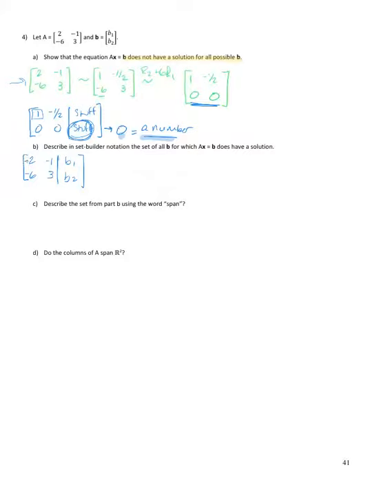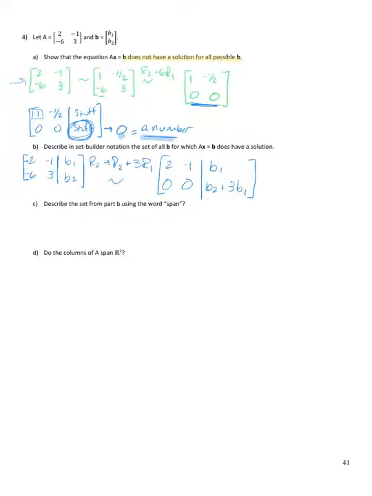I'm not going to scale first. I'm just going to knock out the -6. So row 2 becomes row 2 plus 3 row 1. That's going to give me 2, -1, B1. Row 1 doesn't change, and row 2 is going to become 0, 0, and then row 2 plus 3 row 1 is B2 plus 3B1.